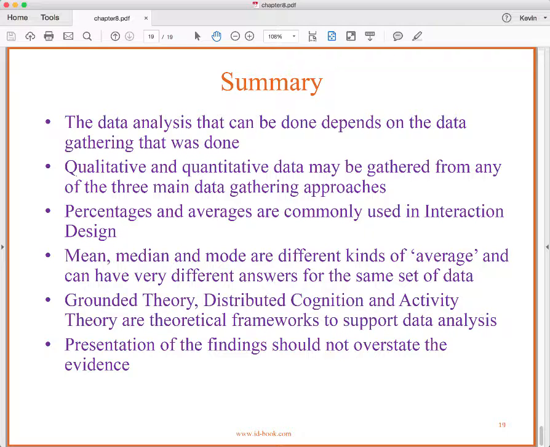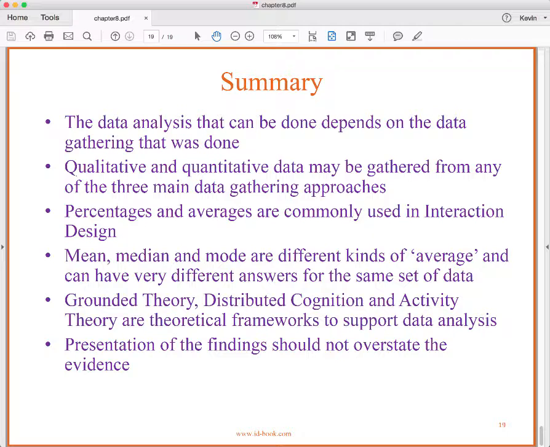Qualitative and quantitative data may be gathered from any of the three main data gathering approaches. For instance, we had a questionnaire, we had an interview, and we had observation. All close-ended questions on questionnaires or interviews are going to be quantitative, and some of your observation recordings can be quantitative as well.